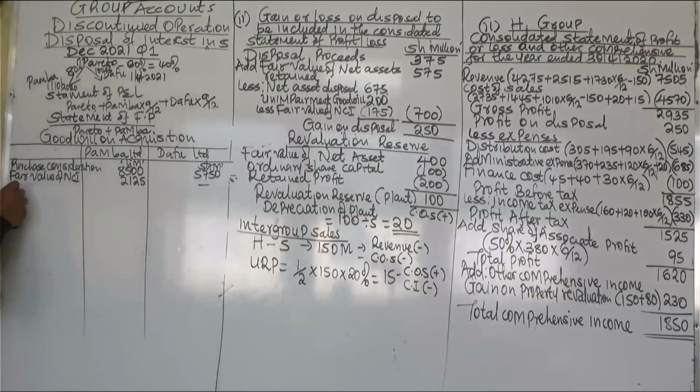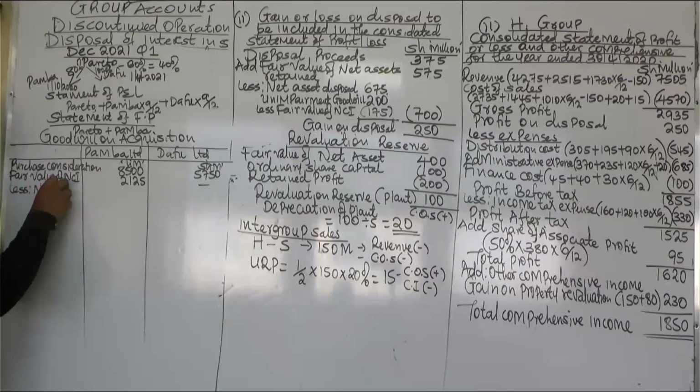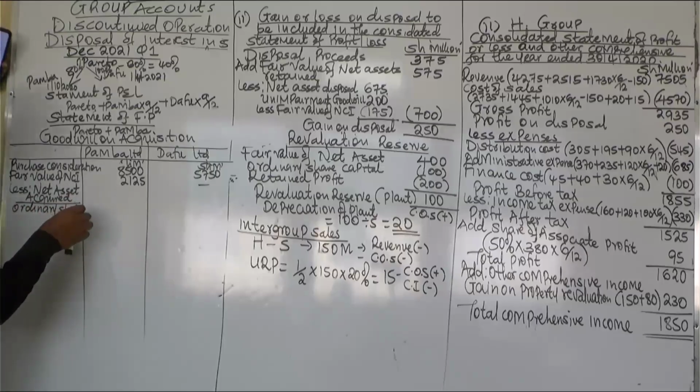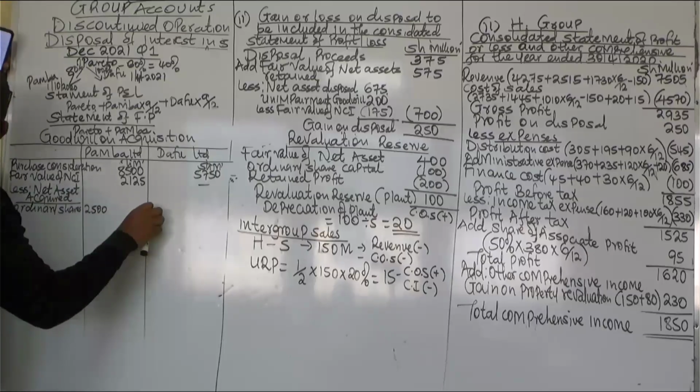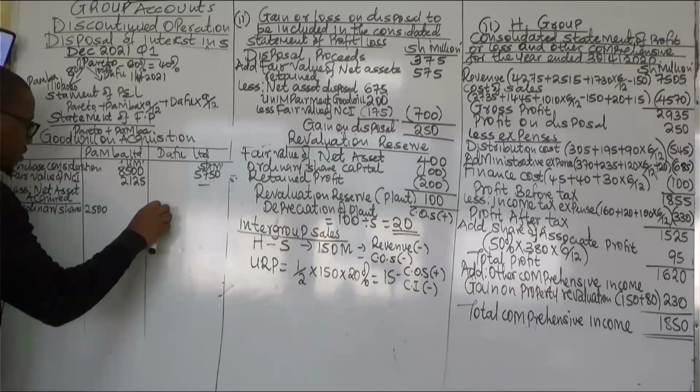So we less the net assets acquired. Net assets acquired, here I have the ordinary shares. Ordinary shares here were of how much? 2,500. Here they were how many? 2,000.